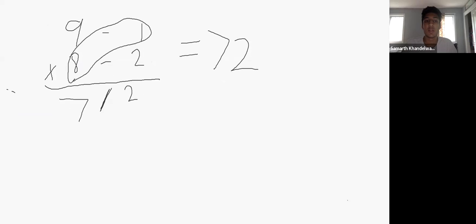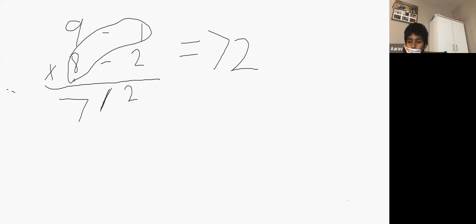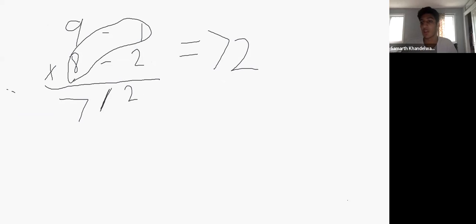And that's because if 9 is 1 less than 10, and 8 is 2 less than 10, 1 less than 2 less than 10 is going to be 7. But 2 less than 1 less than 10 is also going to be 7. That's why whichever is easier, you can do it this way. Does everybody understand what's going on here? If you're confused, please raise your hand. Okay, nobody's raising their hand.